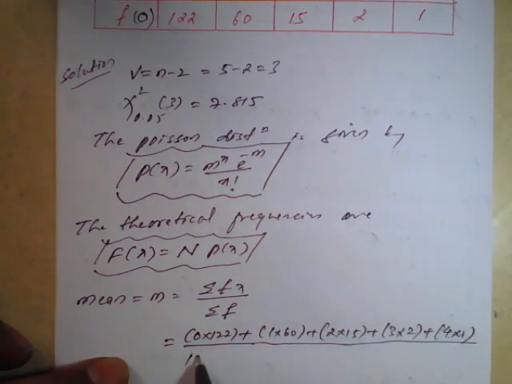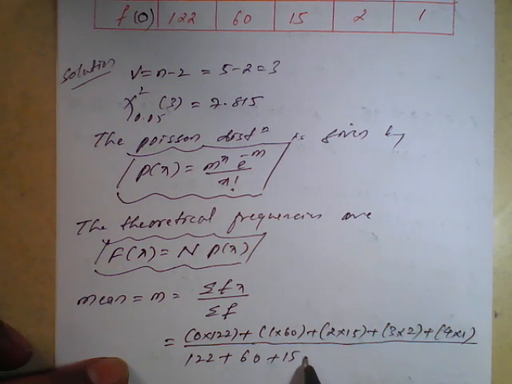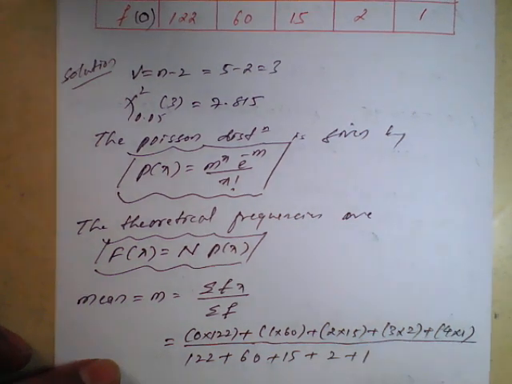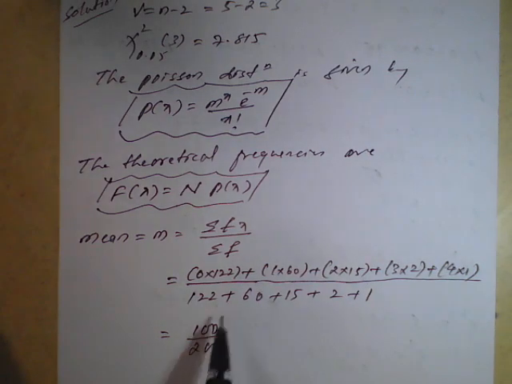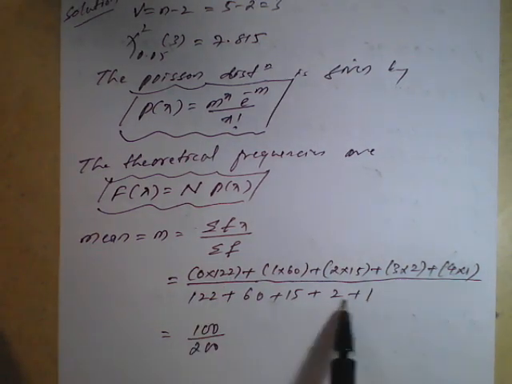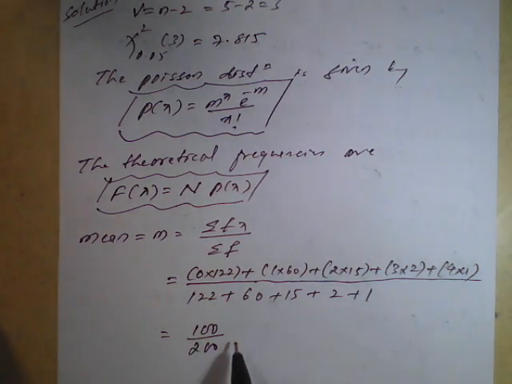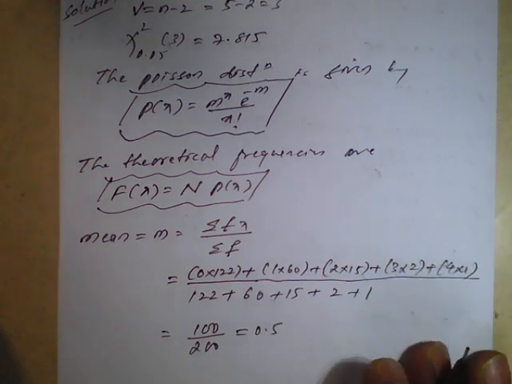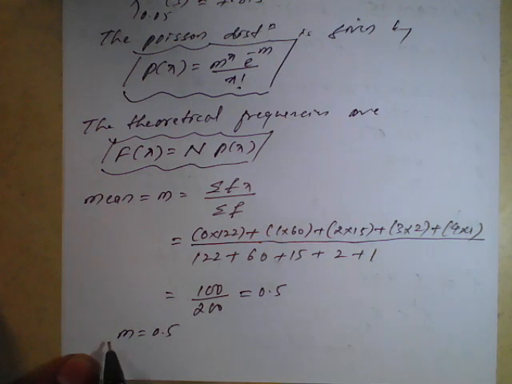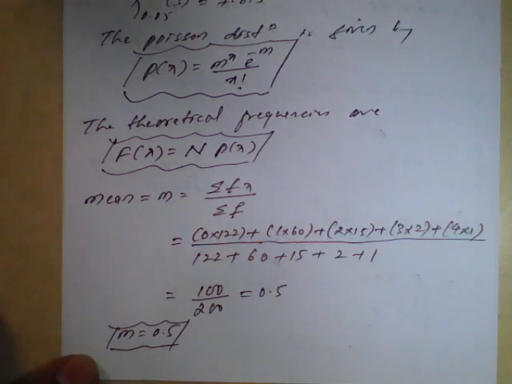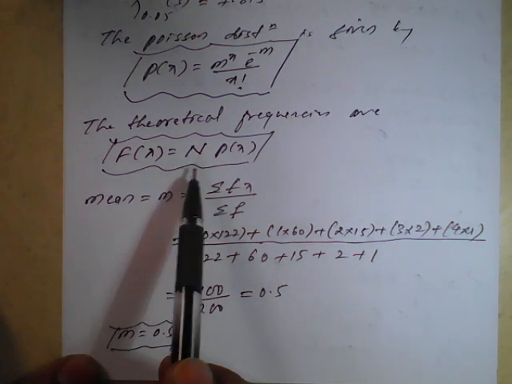Summation of f is nothing but 122 plus 60 plus 15 plus 2 plus 1. So we'll see the resultant is 100 divided by 200, which is nothing but 0.5. So I can say that the value of m is 0.5. With the help of this we'll execute the theoretical formula now.